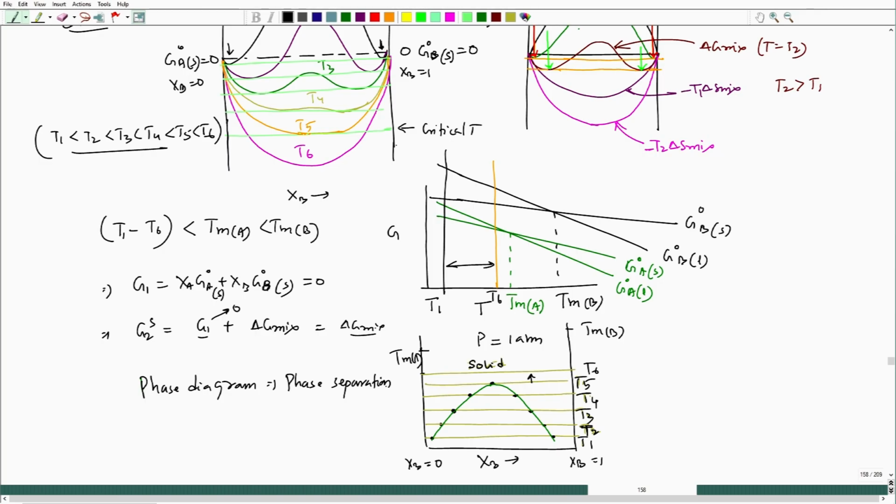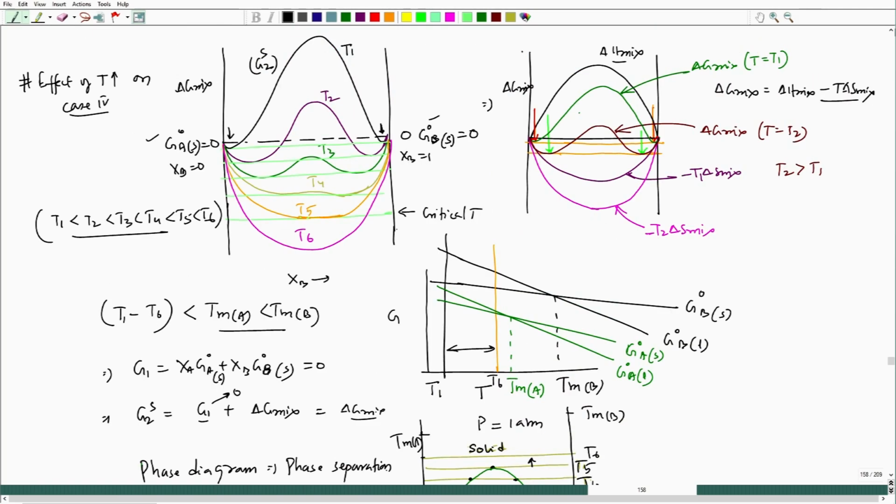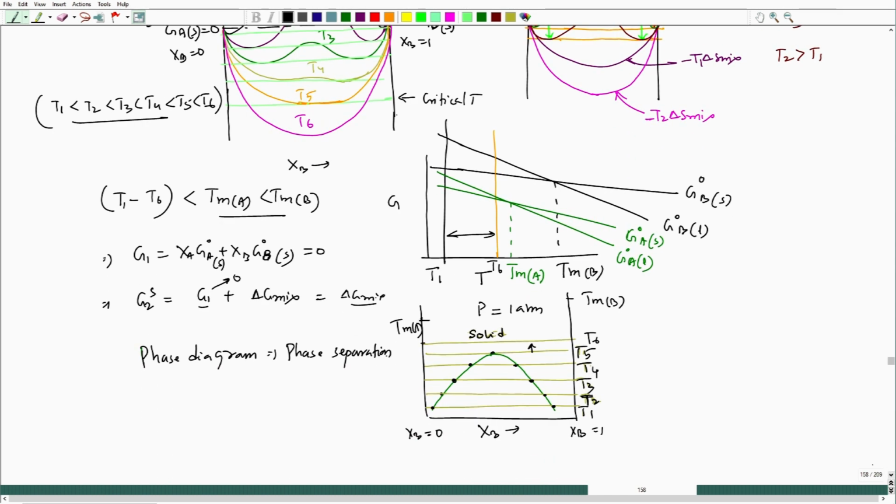Okay. So, whenever delta G mix has such a shape, convex downward as well as convex upward, we do get phase separation, and the plot of phase separation is like this.